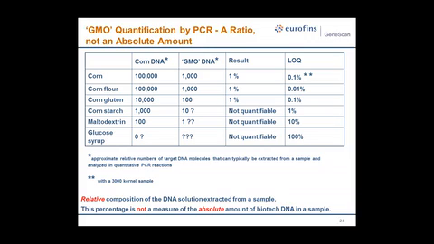So you can start with 100% GM corn, turn it into corn syrup, and there's absolutely nothing left to measure in the end. So no PCR test anywhere on the planet is going to say, did that corn syrup come from GM corn or not?